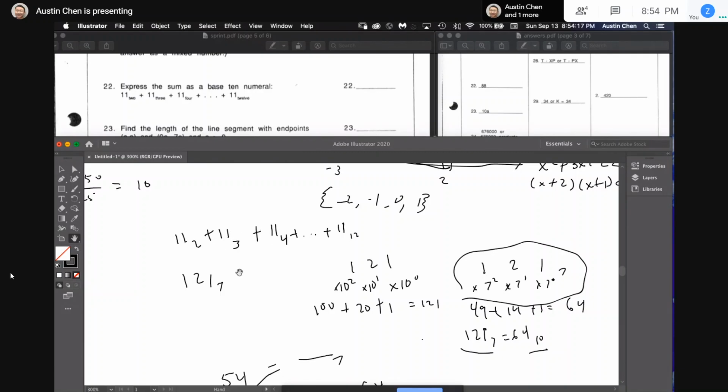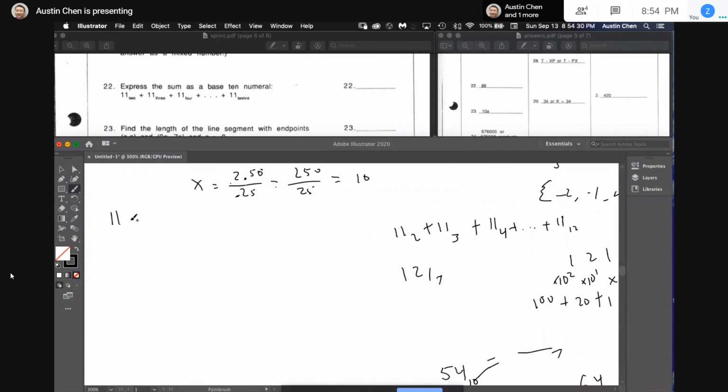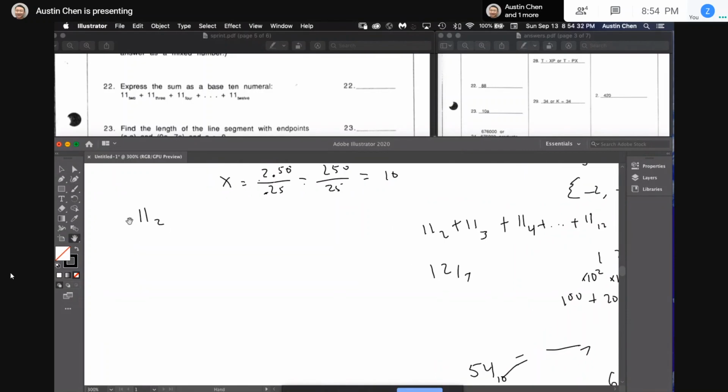But we want to convert it into a base 10 numeral. Remember how we converted a different base into a base 10 numeral earlier? We're going to apply the same thing here. Let's look at 11 base 2 first. To convert this into base 10, we multiply this 1 by 2 to the 0, and we multiply this 1 by 2.